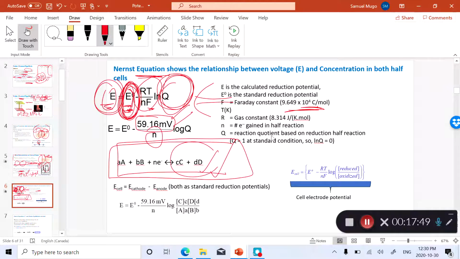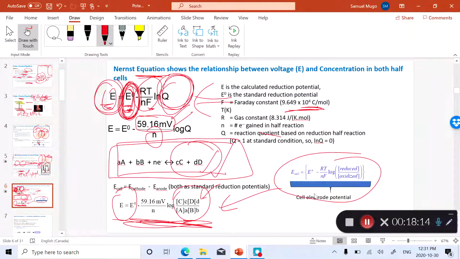And when I substitute my products, the Q, the reaction quotient, the products divided by the reactants, you can see now this is the full Nernst equation that relates my potential from the potentiometer and my Q, or the components of Q, the reaction quotient. You can see again, this is the variation of this, where this is the reduced species divided by the oxidized species.